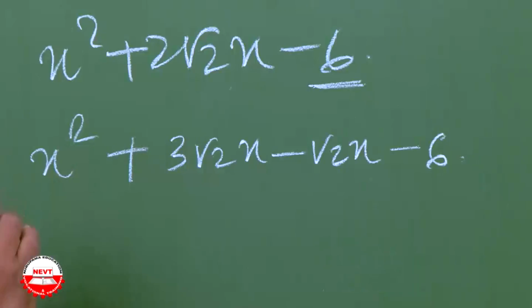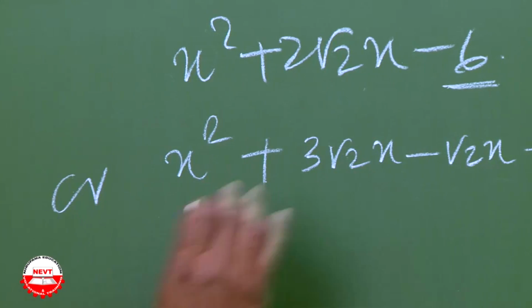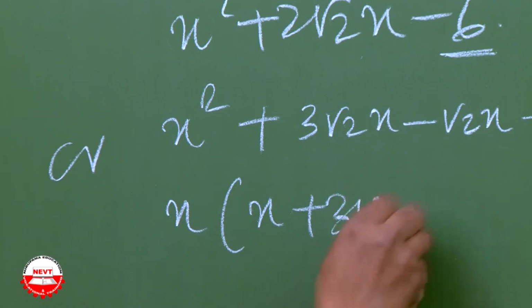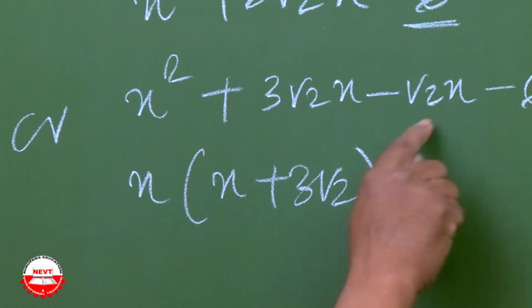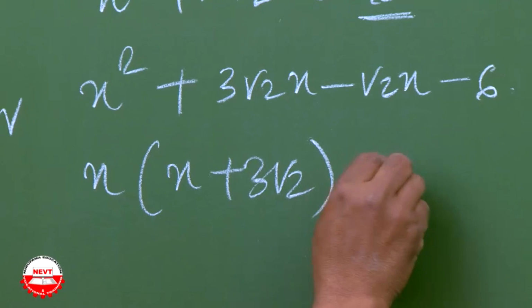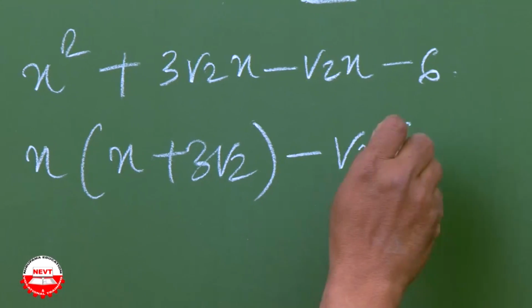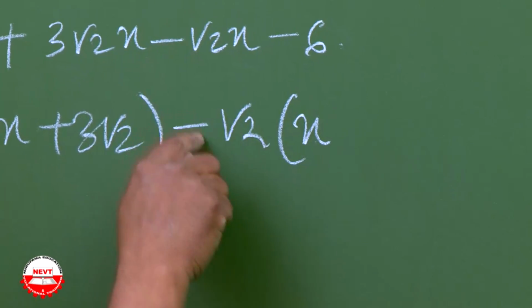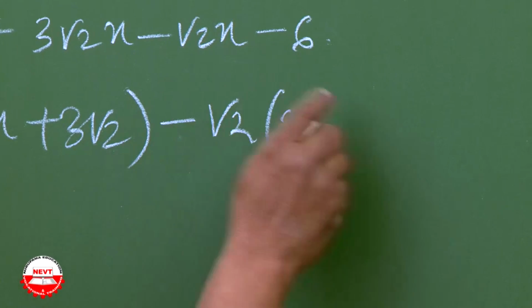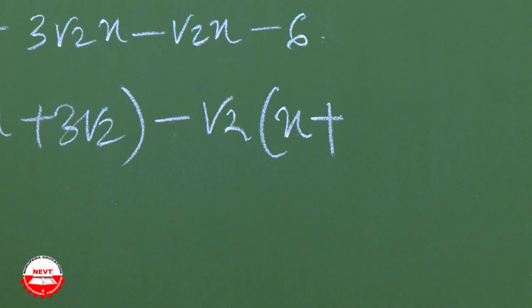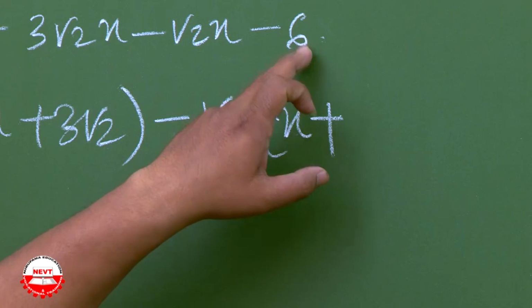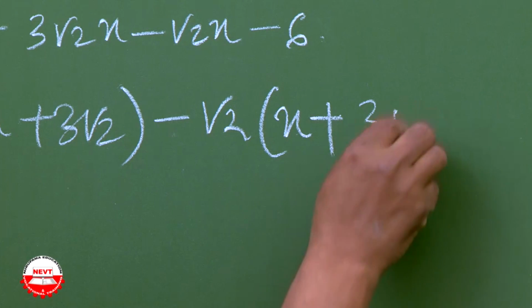From these two, you take x as common, it will be x plus 3 root 2. From these two, take minus root 2 as common, it will be x. Since minus you have taken common here, the sign will change to plus. You have taken root 2 as common, so when you divide this by root 2, it will be 3 root 2.